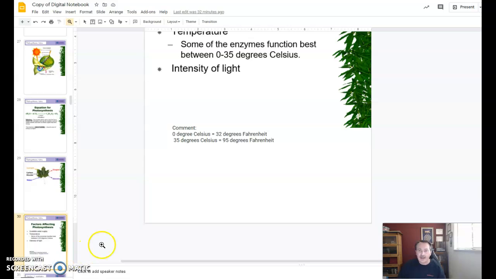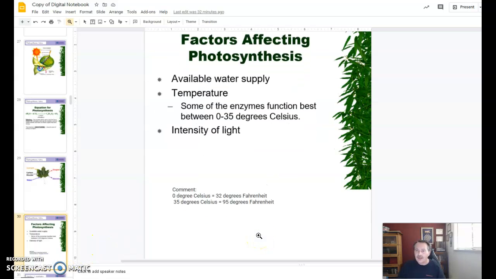And the last slide here, slide 30, goes over some factors that can affect photosynthesis itself. It's got to have a good water supply. If it doesn't have a good water supply, it's not going to produce. The temperature's got to be the right temperature. It's got to be somewhere between 0 and 35 degrees Celsius. Anything above that or below that, it's not going to produce photosynthesis.